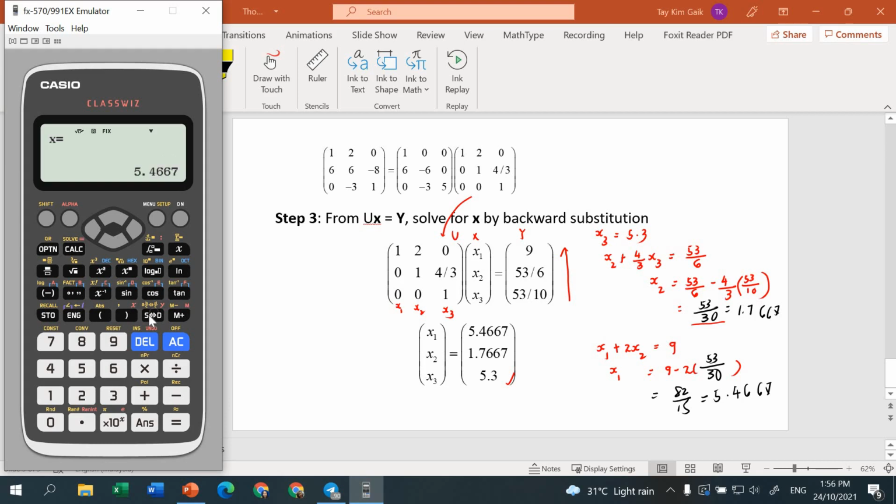So x is 5.4667, y which is x2 is 1.7667, and z tallies with the x3, which is 5.3.